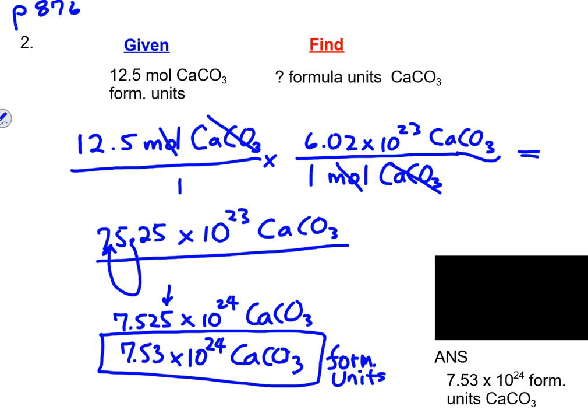Save you a little bit of writing. But yes, that's a formula unit. If it's not an ionic compound, we would call it just a molecule, right? So the ball game for those guys are both the same anyway, right?